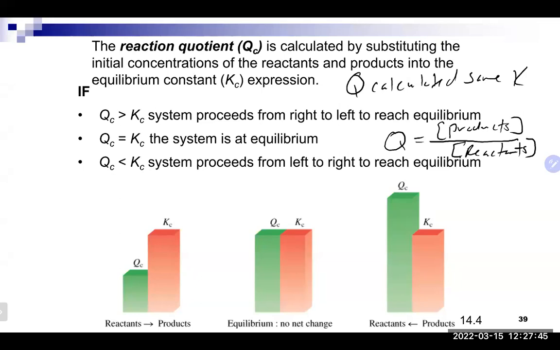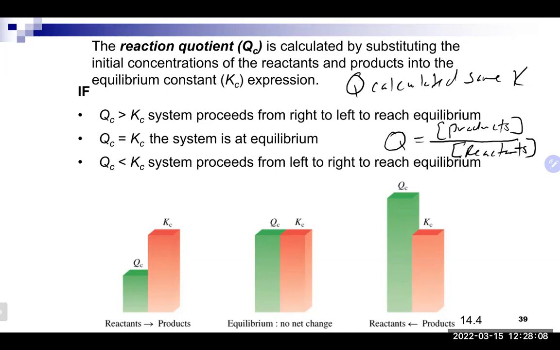We use the reaction quotient, or Q, to help us determine a couple of things. In a basic Q problem, the question is usually this: are you at equilibrium? And if you're not at equilibrium, which way do you need to go to reach equilibrium? So we use Q typically when we are not sure we're at equilibrium.